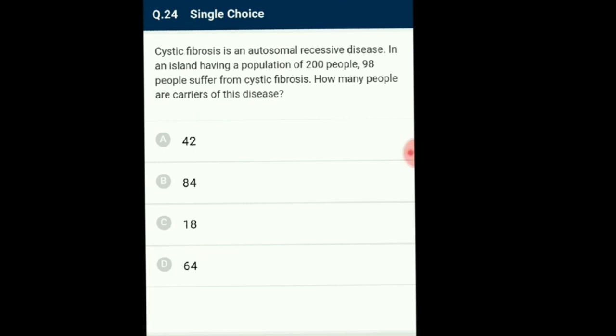Hence q is 0.7, thus p is equal to 1 minus q, which is 0.3. If the carriers of this disease are heterozygous individuals, their proportion will be 2pq equals 2 into 0.7 into 0.3 equals 0.42. Thus, the number of carriers will be 0.42 into 200 equals 84. So the correct option for this question is option B.